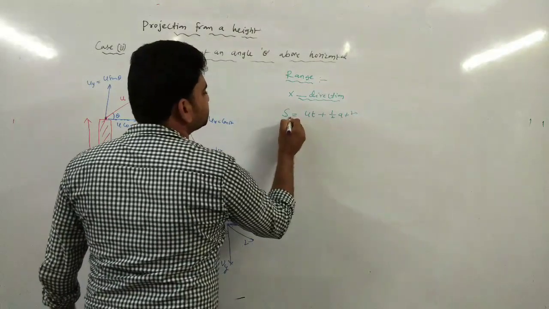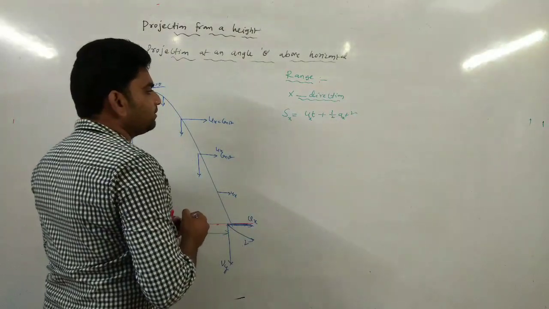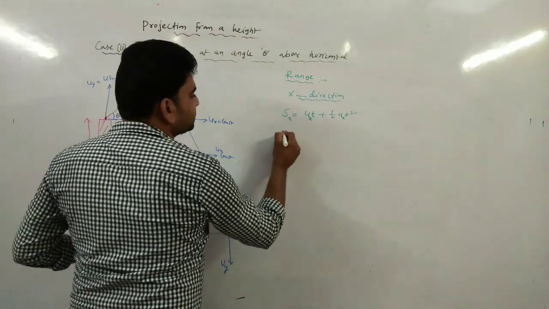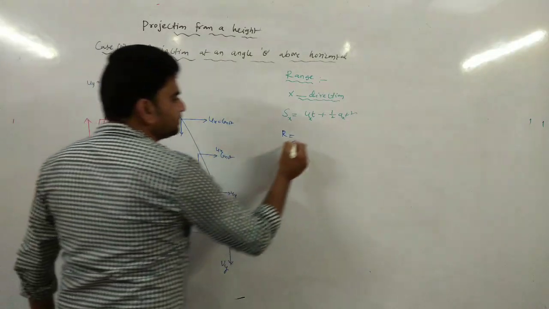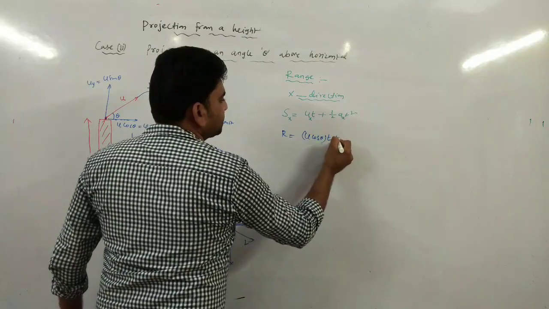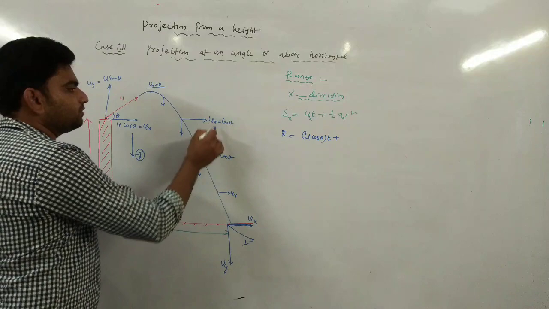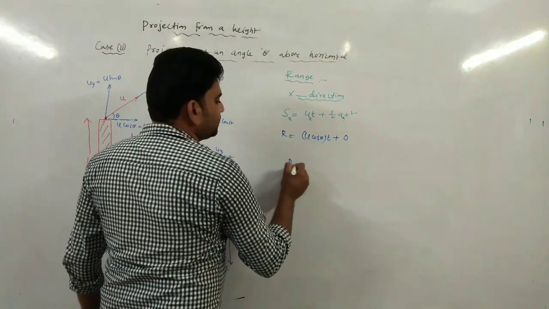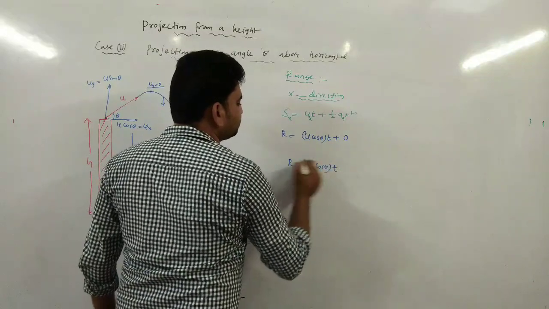I am considering the motion in x, so let me put the suffixes as x, and my sx becomes what here? Range. So I am taking it as range. What is the velocity in the horizontal direction? That is u cos theta into t, plus my acceleration in the horizontal direction is 0, as the velocity is constant in the horizontal direction. So finally range becomes u cos theta into t.